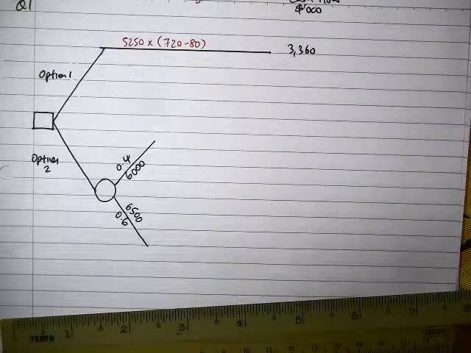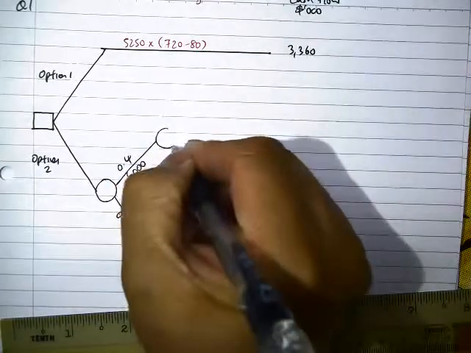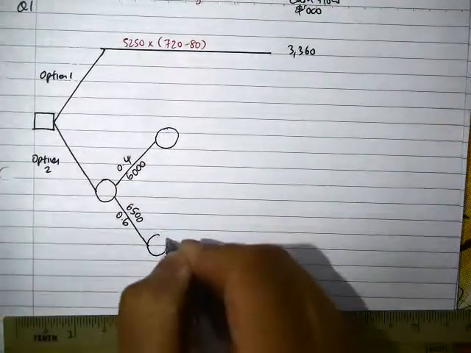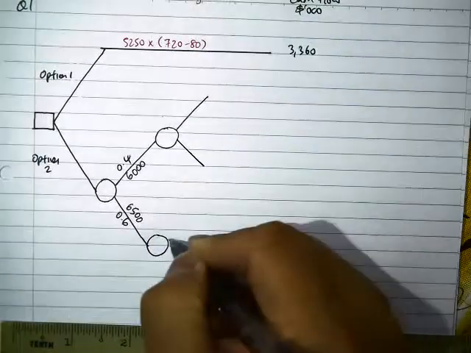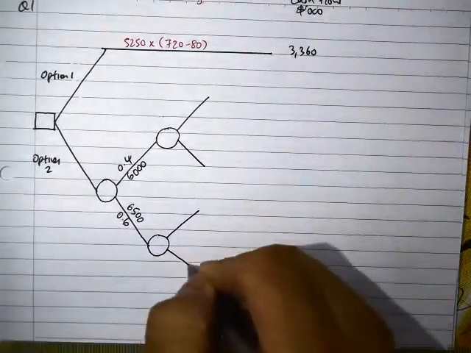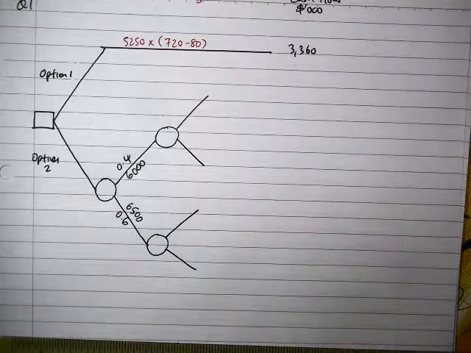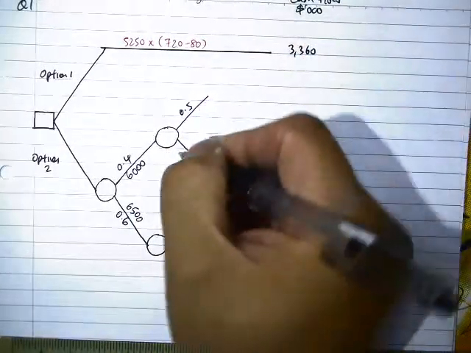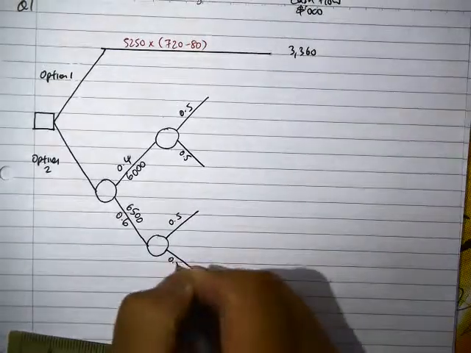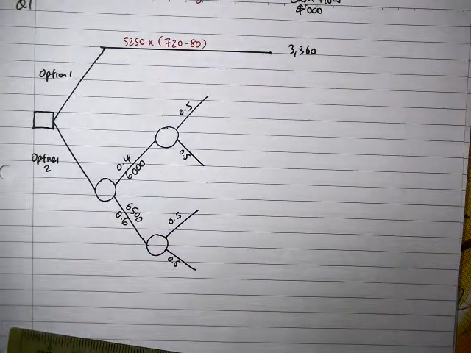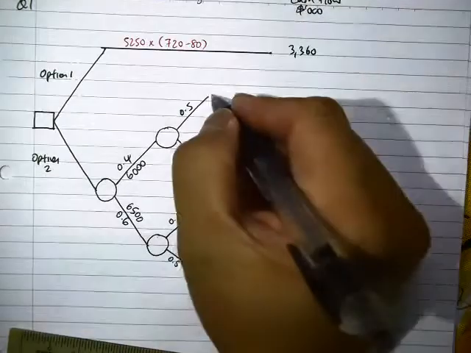And then the uncertainty will be with the cost, which is 50-50. Okay? Right.